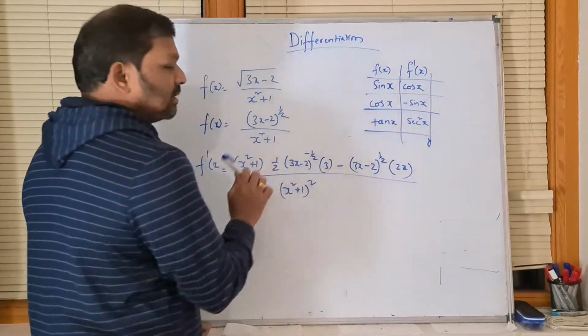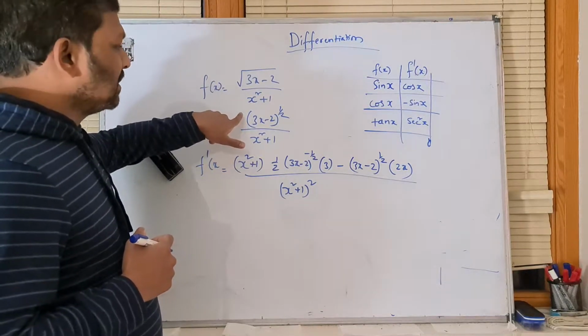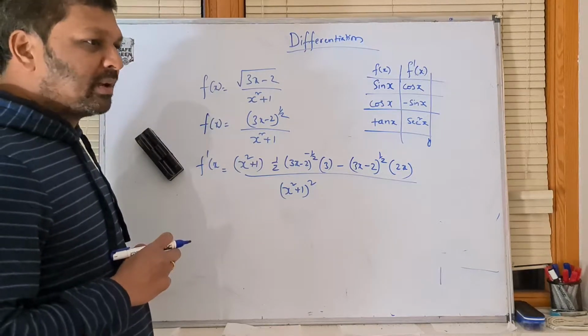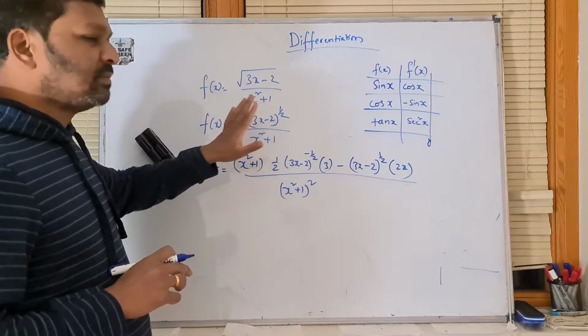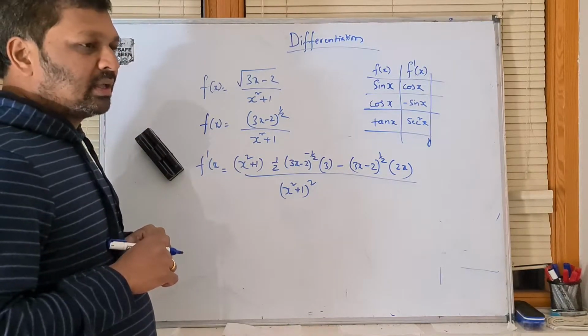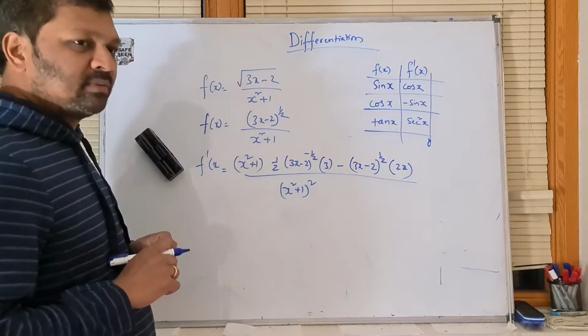So this is the key. We clubbed both these things: the chain rule is involved here, and also the division rule, u by v. Any function you want to differentiate, you have to see what rule to apply, immediately looking at it. See here, a square root is given.